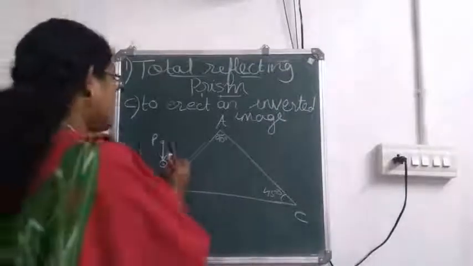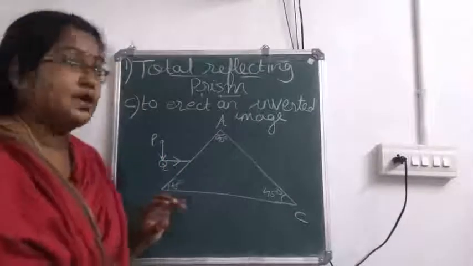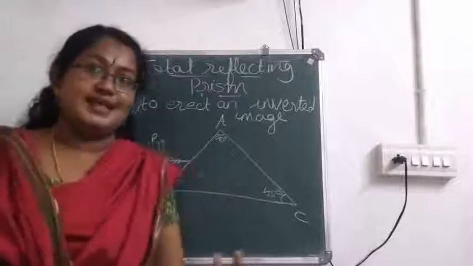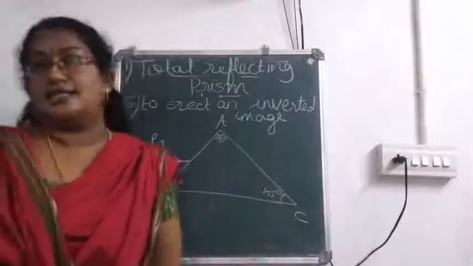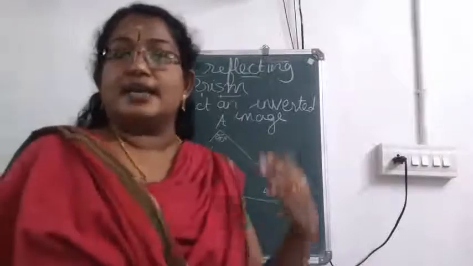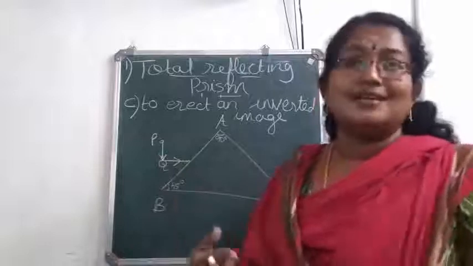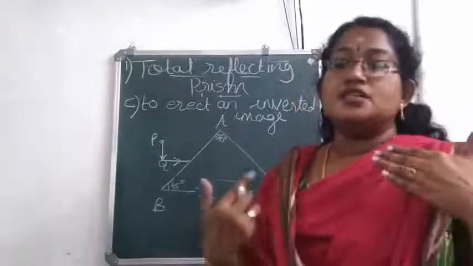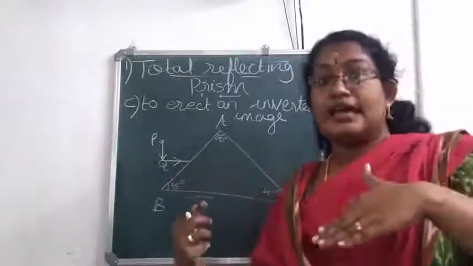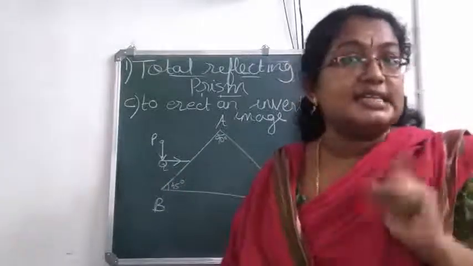Okay, so first we will be considering a light ray which comes from Q. In the two previous cases, it was normal incidence. Do you remember? When we were deviating the light ray through 90 degree as well as 180 degree, at first the ray was hitting the surface normally. So since it was normal incidence, the ray was moving or entering the second medium without any deviation.